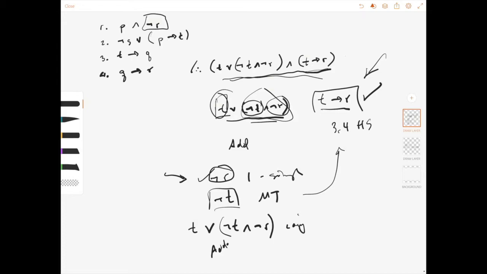So it looks like this proof is now pretty much solved. In terms of our strategy, we'll need to derive T implies R by hypothetical syllogism first.